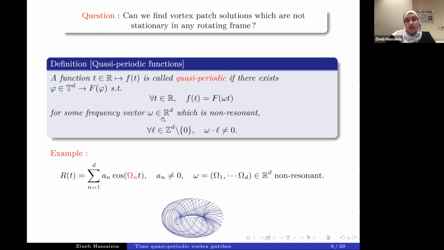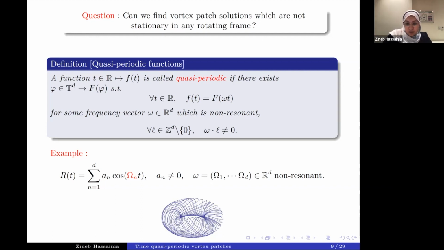For higher dimension, f is quasi-periodic if the frequency vector is non-resonant, meaning that all its components are rationally independent. The archetype of a quasi-periodic function is the superposition of cosines, or also sines, with a frequency vector which is non-resonant.